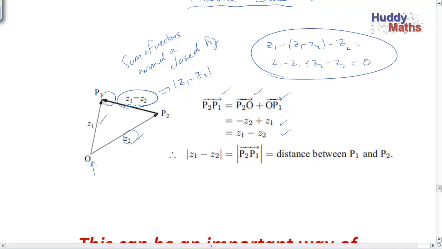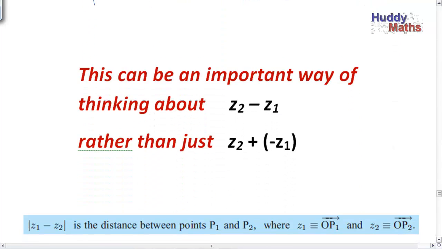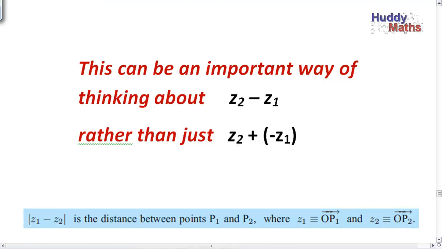So come down, I've written something about this. This can be an important way of thinking about Z2 take Z1, rather than just asking what Z2 take Z1 is. Well, usually Z2, and then if Z1 is going this way, we would add on the negative.